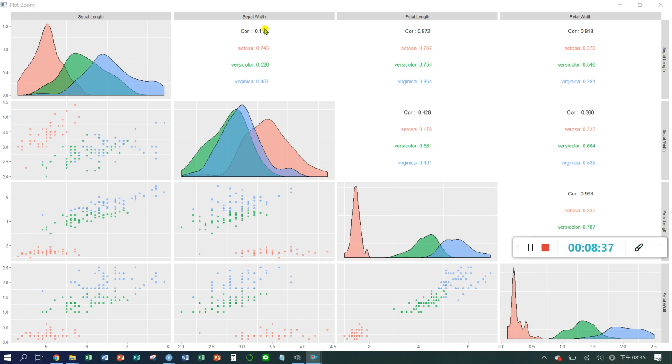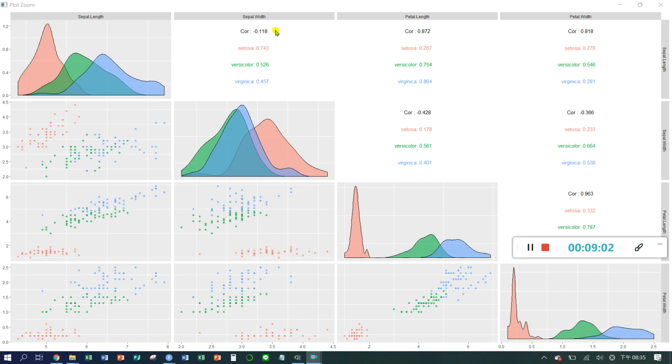It is when variable A becomes bigger and variable B becomes smaller. We call it 负相关.